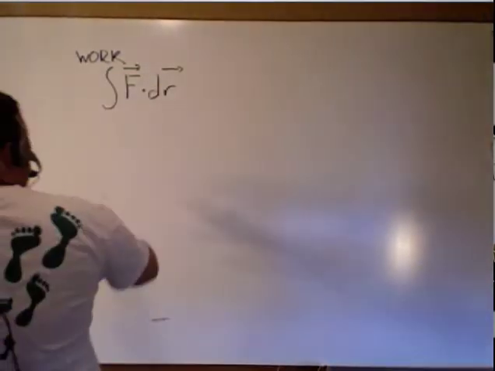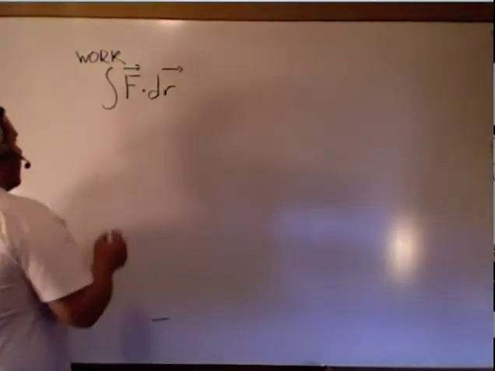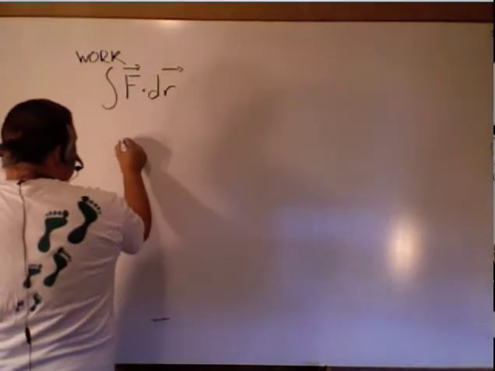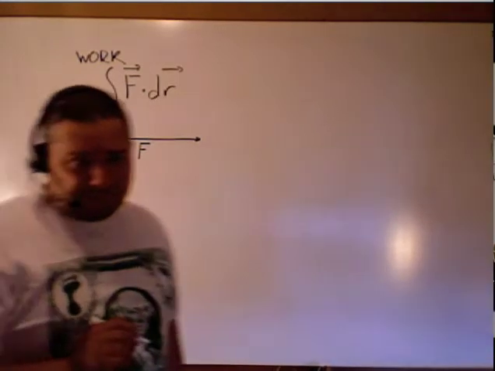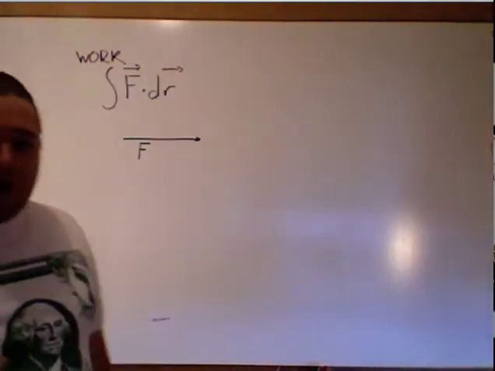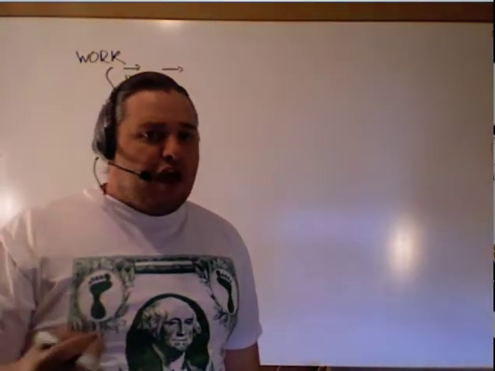Okay, so F dot dr. What does that mean? Well, that means I'm going to take my force vector, and let's imagine I'm applying a force in this direction. And I'm going to keep track of any displacement that happens in that direction.